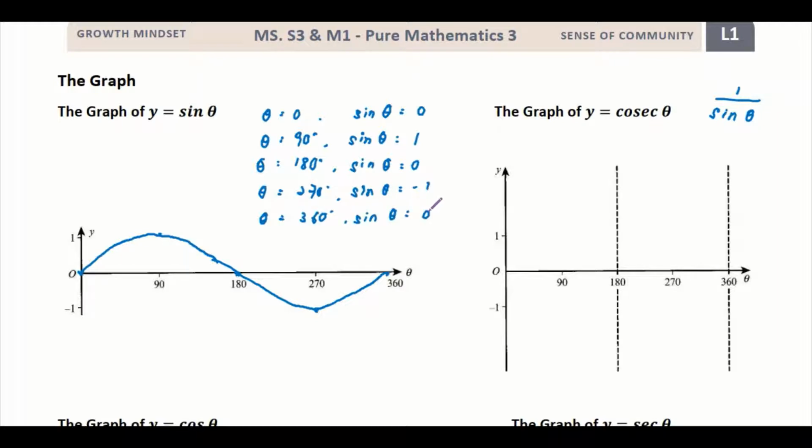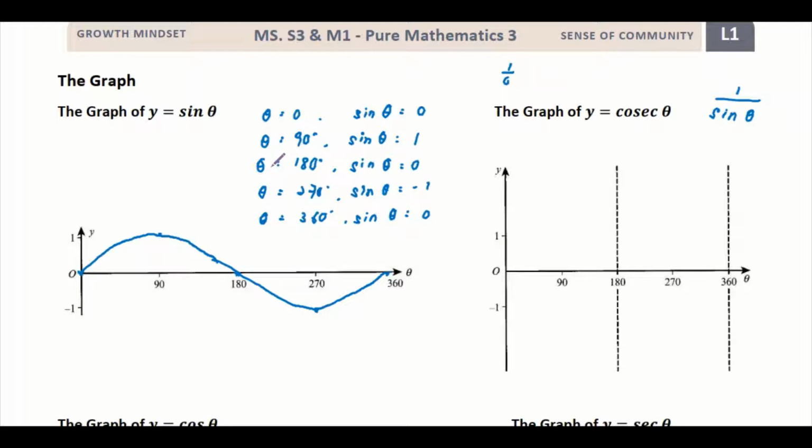Now you can try to imagine, since you want to draw a cosecant graph, which is 1 over sine, that at the point where theta equals 0, 1 over sine theta will become 1 over 0. When you have 1 over 0, what does that mean? It means that it's an undefined answer, correct?